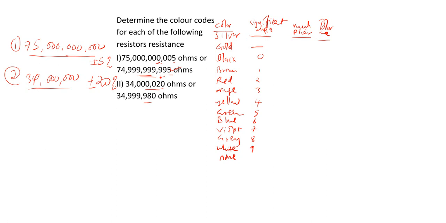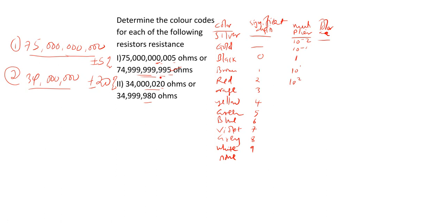Then for the multipliers, silver is 10 power negative 2, and gold is 10 power negative 1. The multiplier for black is 1. For brown, we get 10, which is 10 power 1. Then we go to 10 power 2.